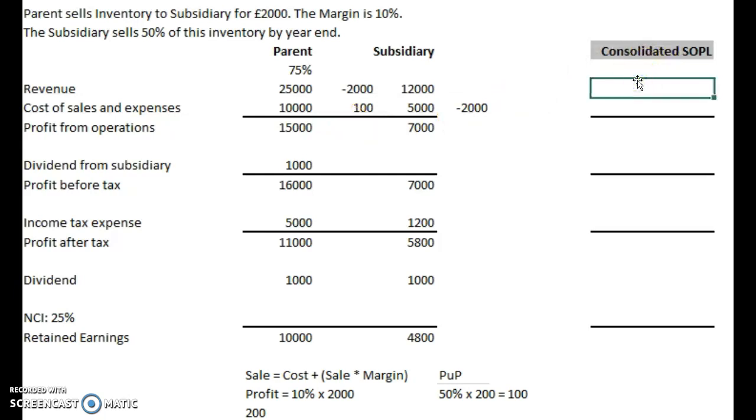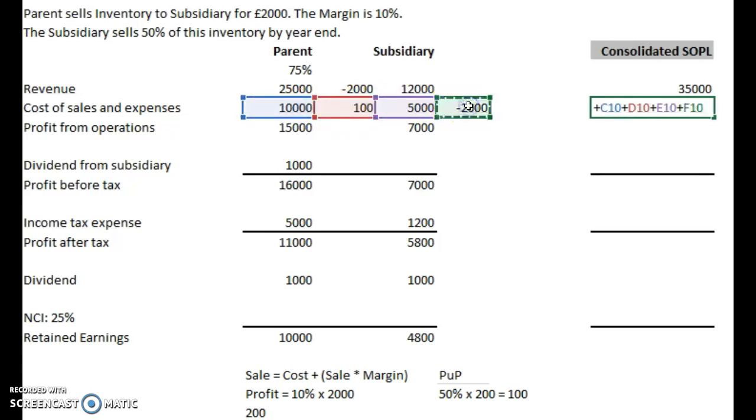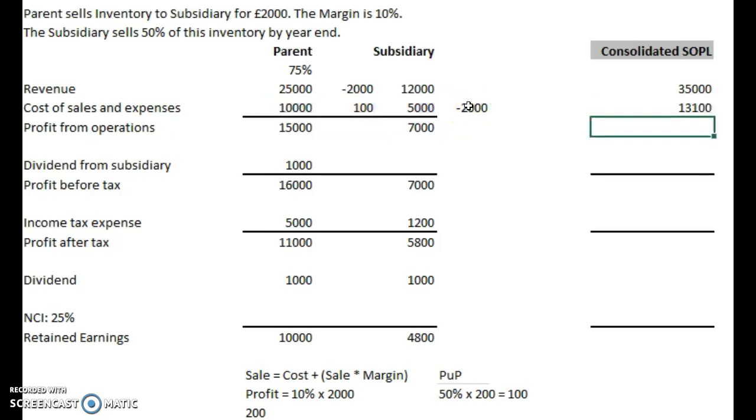Then it's just a case of adding all this up. 25,000, add the minus 2,000, add 12,000, gives 35,000. Then add the costs, including the adjustment, the subsidiary, and the transaction cost. One from the other gives us our profit from operations of 21,900.